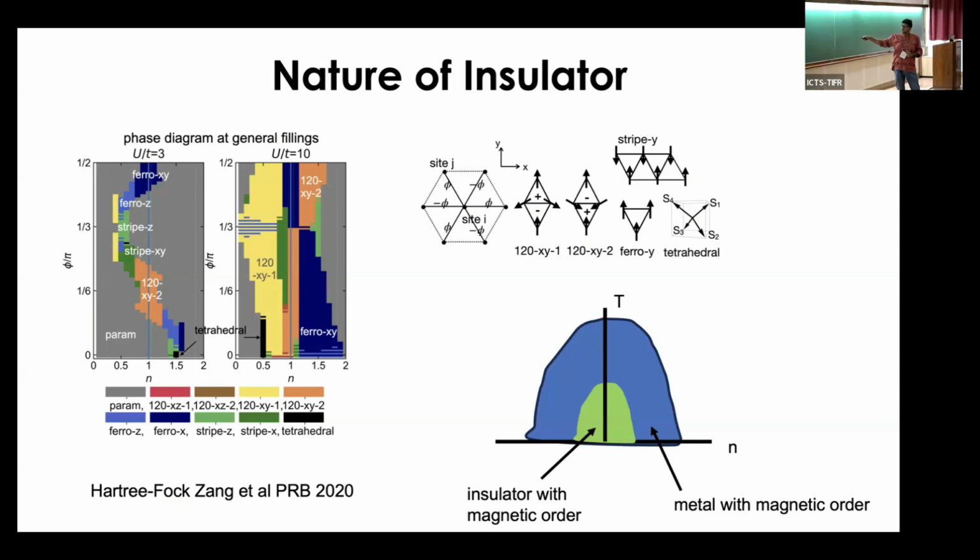And then as you crank up the strength of that order parameter, you can eventually enter an insulator with magnetic order. And then as you go through half filling and go out the other side, you still have some metallic magnet until eventually you go over into a paramagnetic phase.